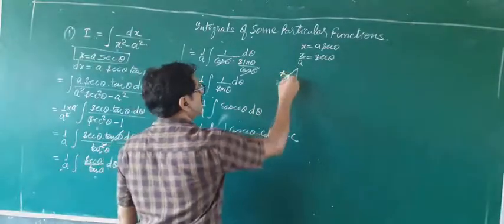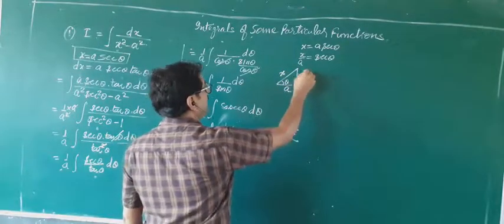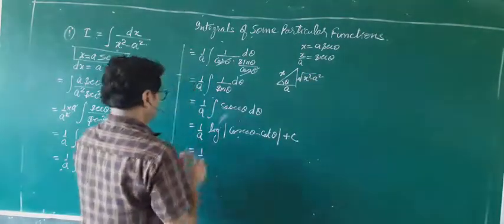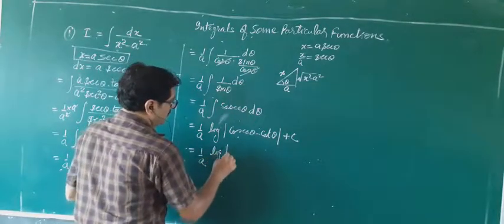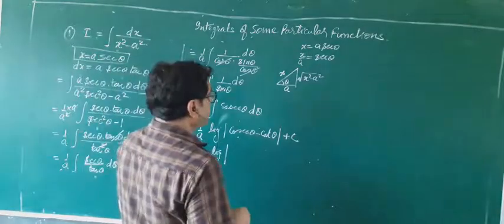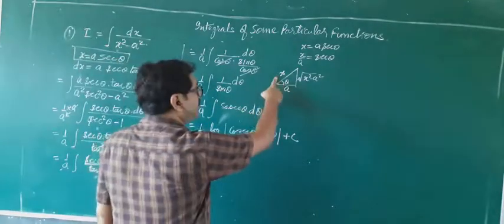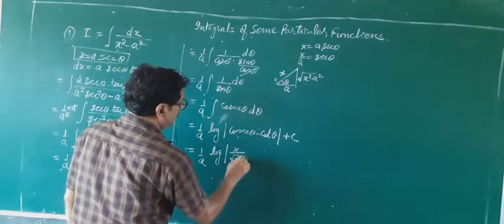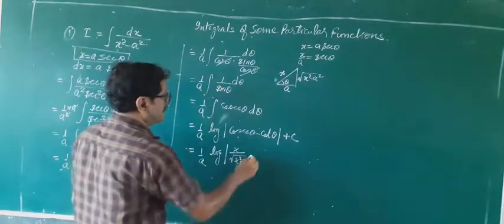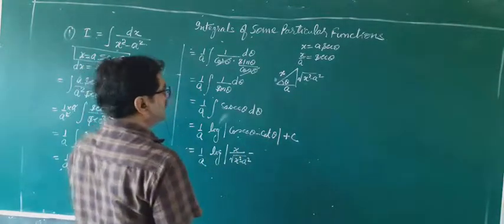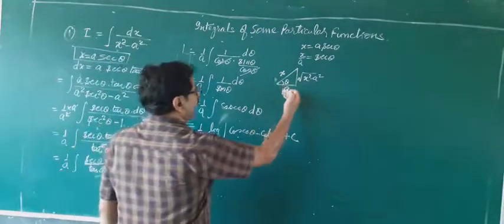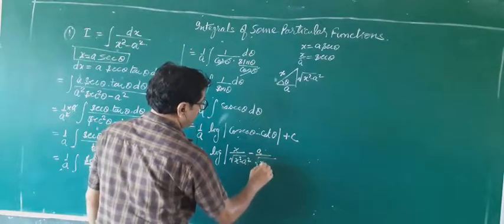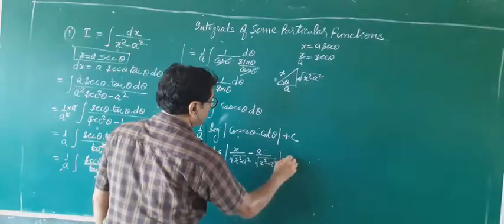This is x, this is a, so the perpendicular is root of x square minus a square. Now we put cosec theta, which means hypotenuse upon perpendicular, that is x upon root of x square minus a square, minus cot theta, which means base upon perpendicular, that is a upon root of x square minus a square, plus c.